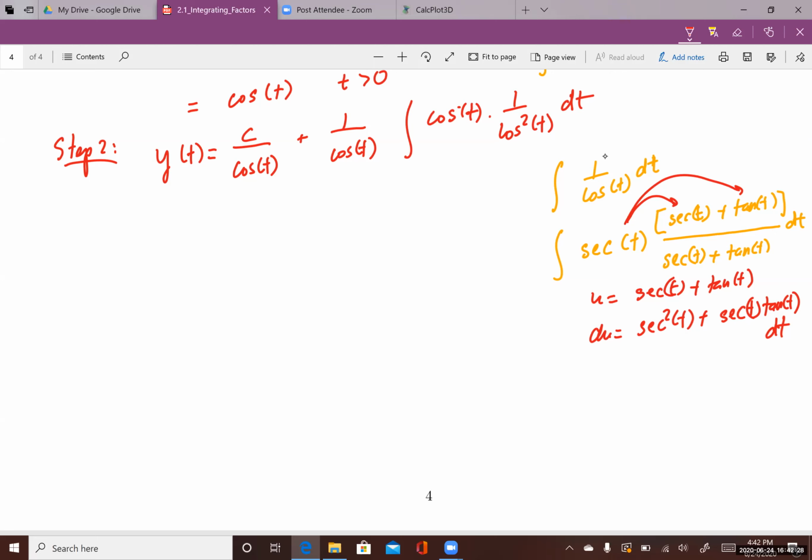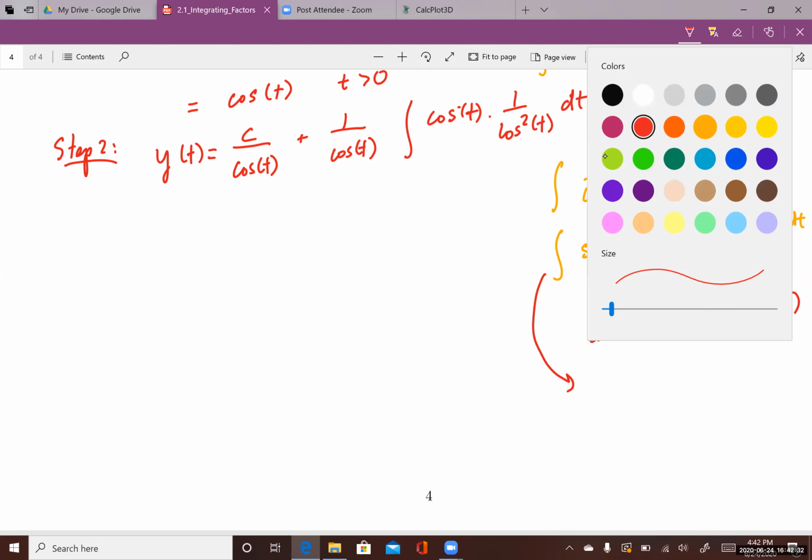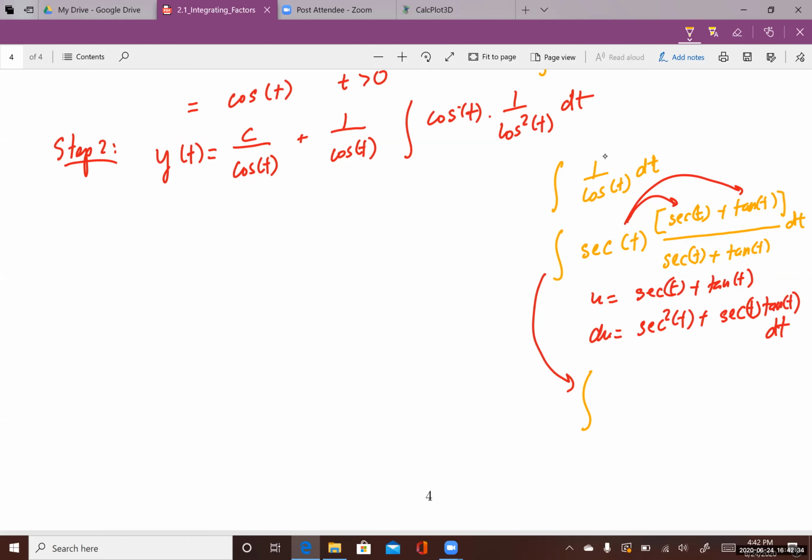So this will be just 1 over u du, then it's just natural log of u, and u is secant t plus tangent t, so the answer is natural log of secant t plus tangent of t.